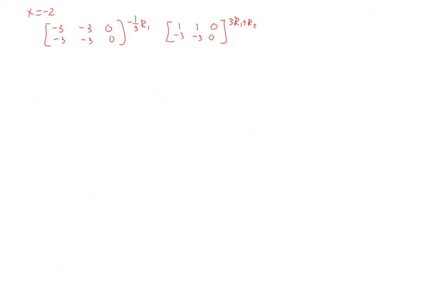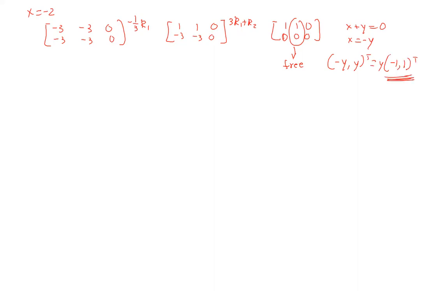Once you do your elimination, it's no surprise that you will find 0, 0, 0. And so you end up with the equation x plus y is equal to 0. This will be free, and x is equal to -y. So what you get is -y, y, which is the same thing as y times (-1, 1).